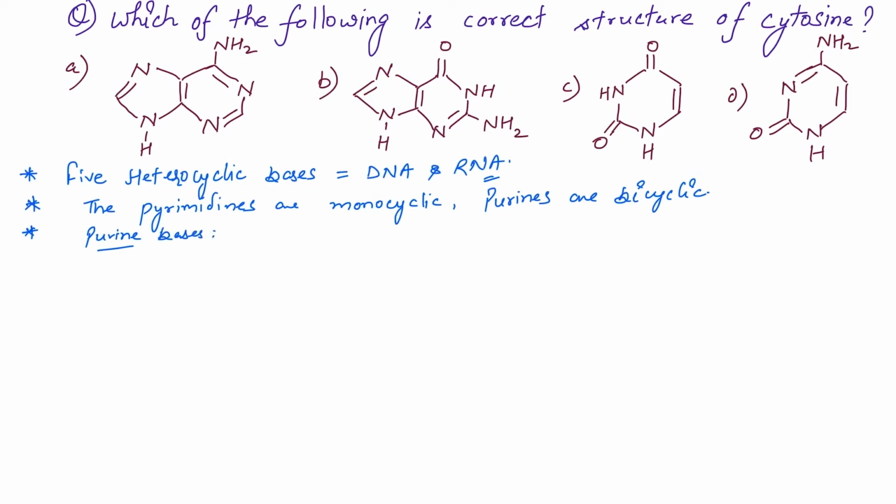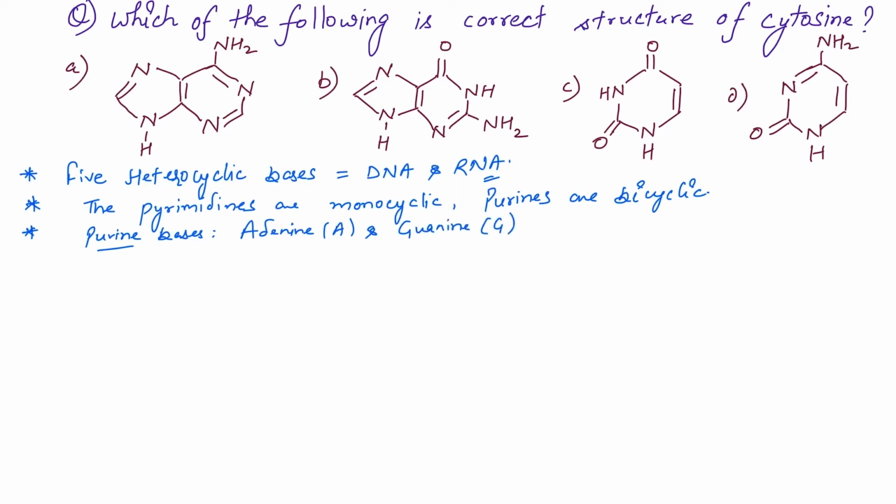Now let's first understand the structure of purine. Purine is basically a heterocyclic aromatic compound that consists of 2 rings.